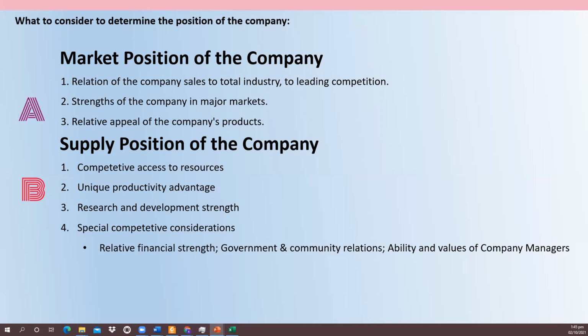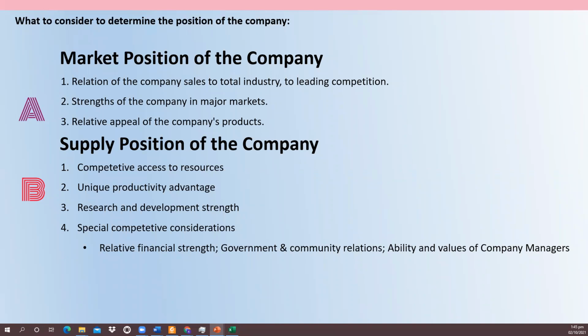So for example, yung relative financial strength mo, yung financial statement mo ba, kumbaga stable ba siya? And then next is yung government and community relations. How was the relationship with the government and the community? Kung nagbabayad ka naman ng tamang tax, I guess you have a good relationship with the government.